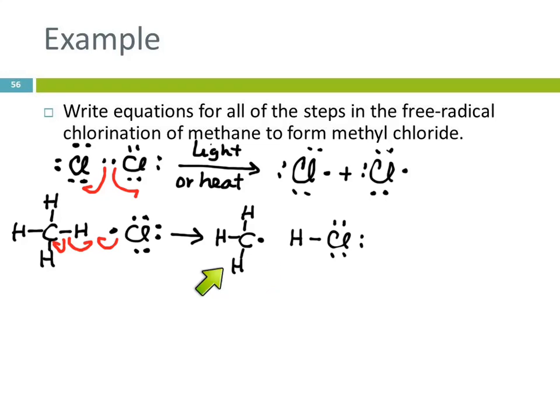So what's this methyl radical going to do? It's going to go steal somebody away, right? So here's the methyl radical. Another chain propagating step is that attacking a chlorine molecule.